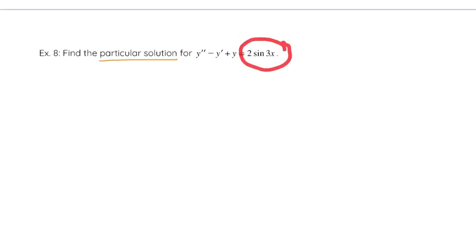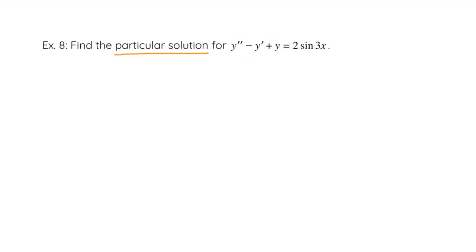This time we have 2 sine 3x. And so a good guess for y sub p might be A cosine of 3x plus B sine of 3x, right?